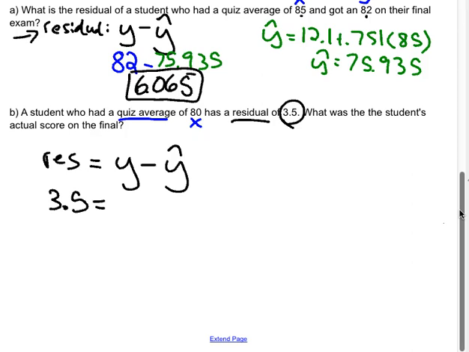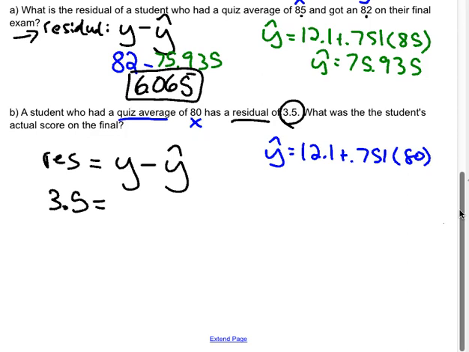So what I want to discuss is that X value. Again, if I plug that X value in, that X value actually gets me the prediction, right? So that's why whenever they give you an X is very important, because you can use that X to find the predicted value.